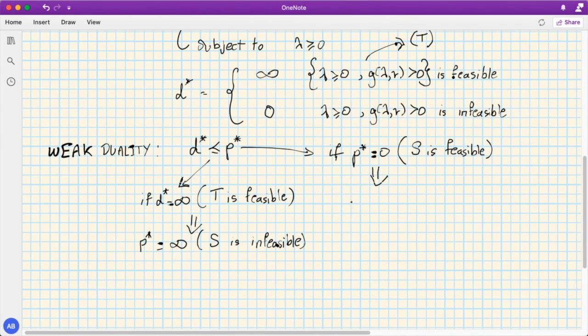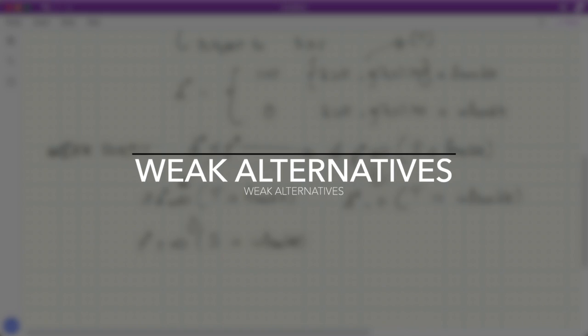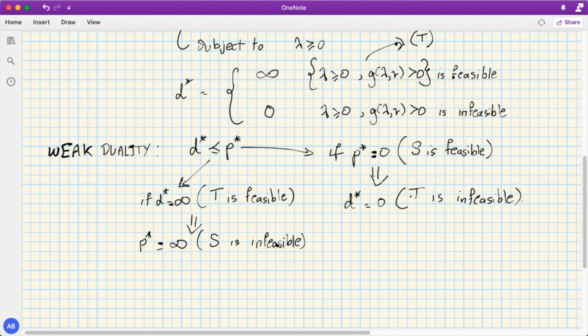So d star has to be 0, and thus T is infeasible. So what does this tell us? It tells us that at most one of the two, S or T, is feasible. It cannot happen that both are feasible, because if one is feasible, then the other is infeasible. But it could happen that both are infeasible.